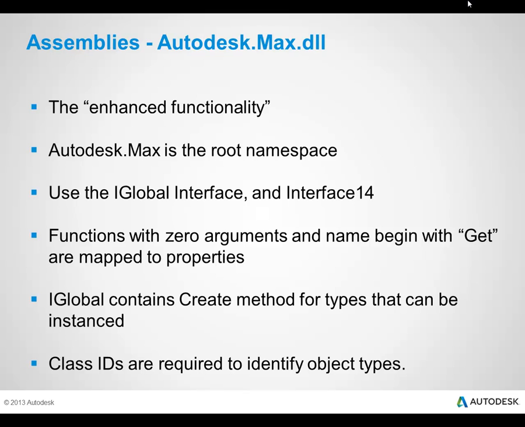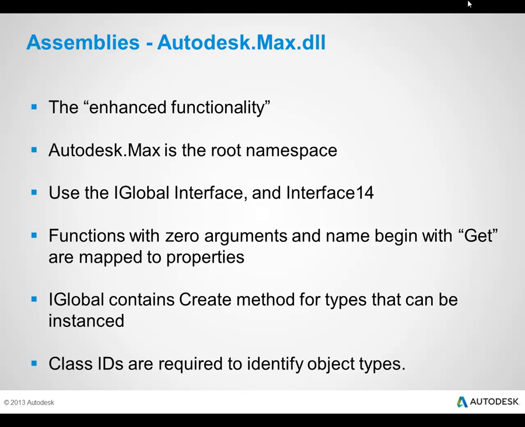And then the other thing that's a little bit tricky to get used to when you first start working in it is that class IDs are used to identify object types. So this is from the C++ side. Any type of class, so for example the geosphere that we talked about earlier, has a unique class ID that identifies it.